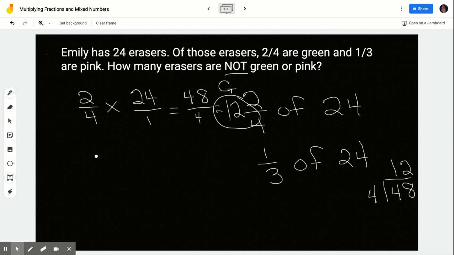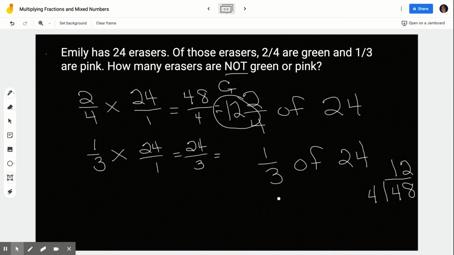Let's do the same thing for 1/3. So we're going to solve 1/3 times, replacing that word "of" with the multiplication symbol, 24 over 1. Again, we're going to multiply straight across the numerator. So 1 times 24 is 24. And straight across the denominator, 3 times 1 is 3.